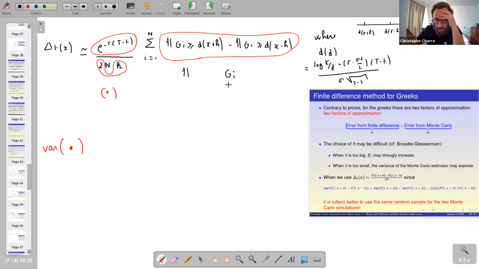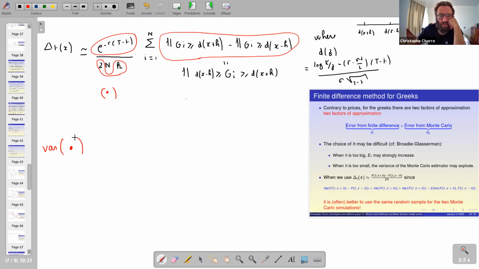So I can write it this way: greater than d of x plus h and less than d of x minus h, according to what I have written here.